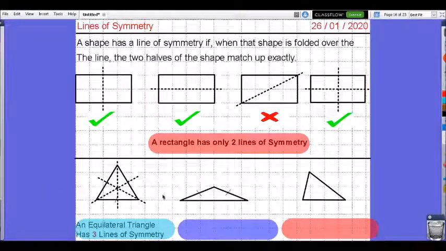Okay, so how can we draw them? You can draw the 3 lines of symmetry because you will be asked to draw the lines of symmetry on a shape. If it's a rectangle, for example, we agreed here in the middle vertical and here also horizontal, and there is no other way. For the triangle, you just take it from the 3 angles that you have, the 3 vertices.